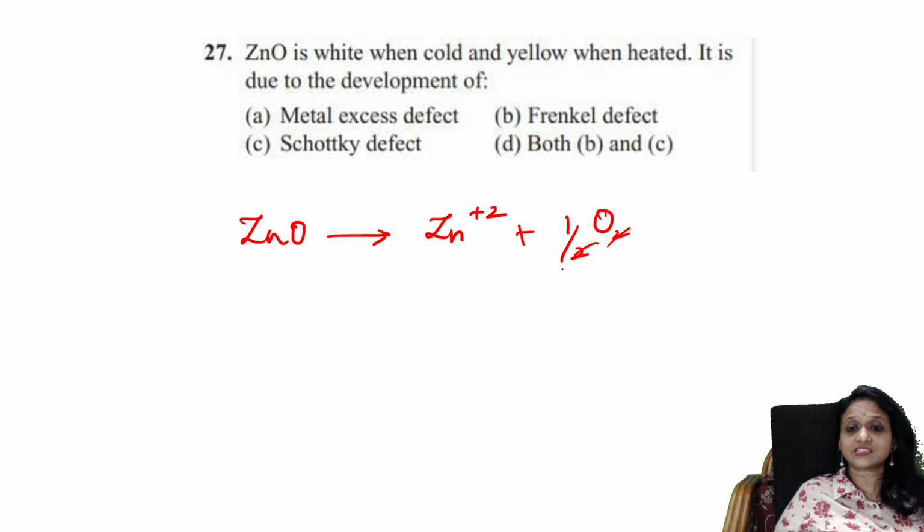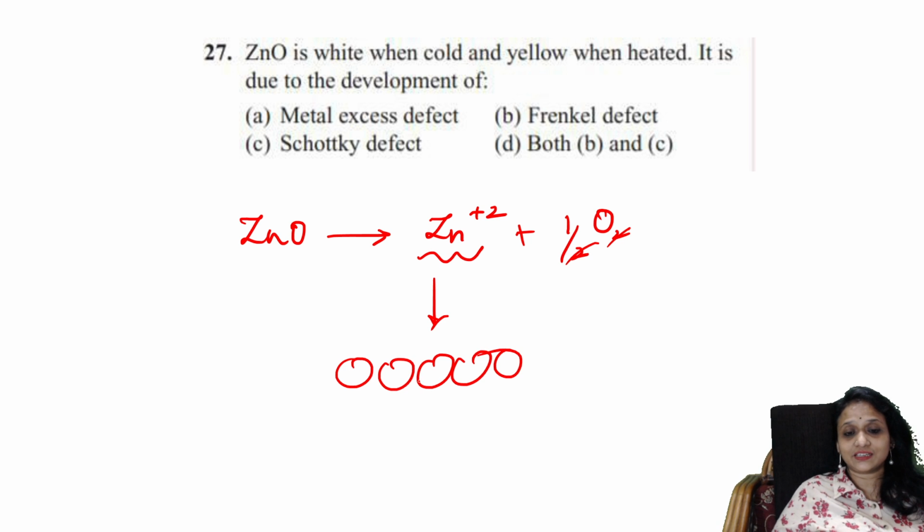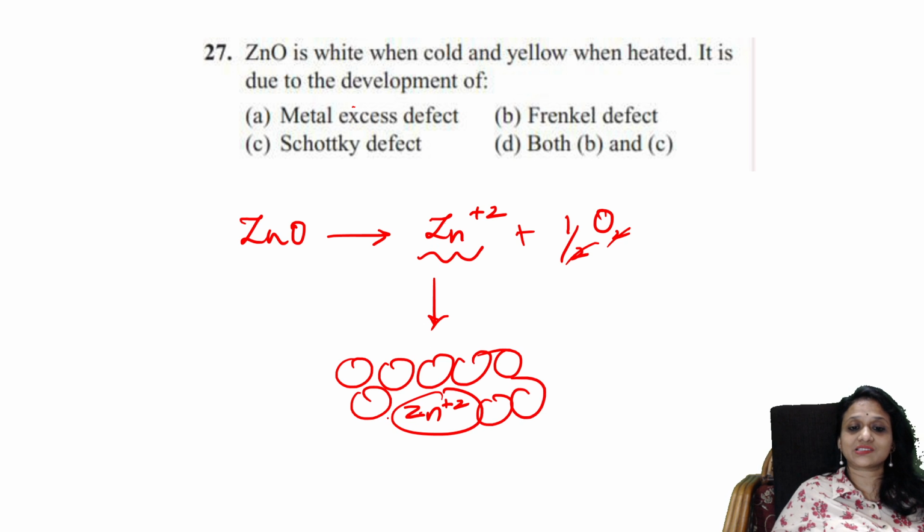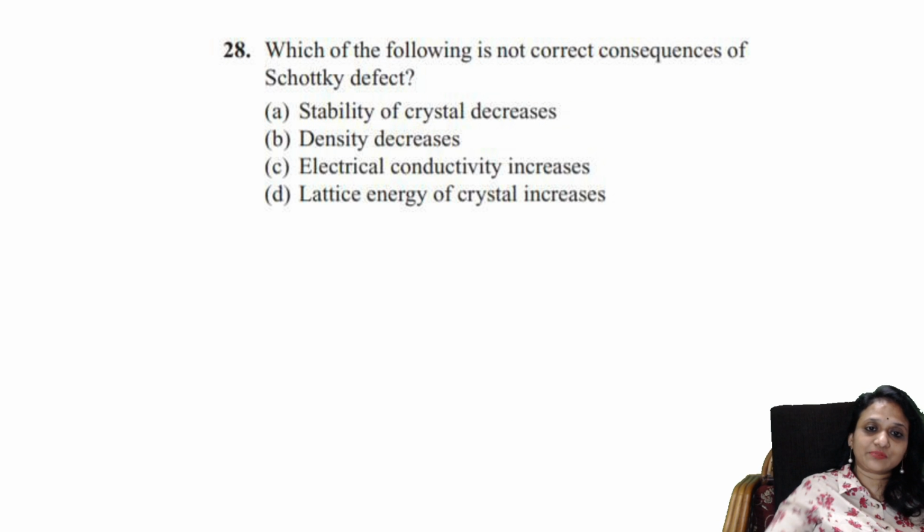Half and half gets cancelled. So the excess Zn2+ goes and occupies the lattice site. So this is due to metal excess defect. Inside the lattice, metal would be in excess.